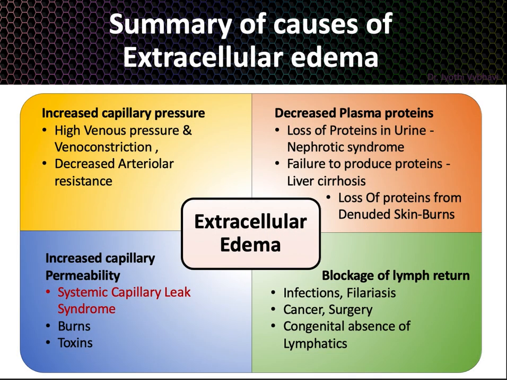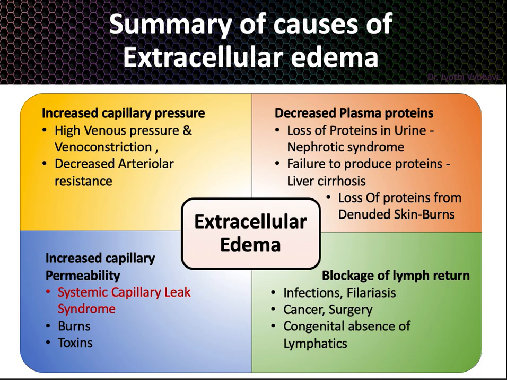So if any one of these increases, there is increased capillary filtration. With this basics, let's move on to the causes of extracellular edema. A large number of conditions can cause fluid accumulation in the interstitial spaces, by abnormal leaking of fluid from the capillaries, or by preventing the lymphatics from returning fluid from the interstitium. These are the two major causes.